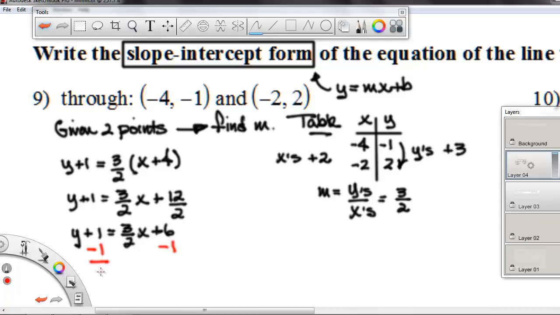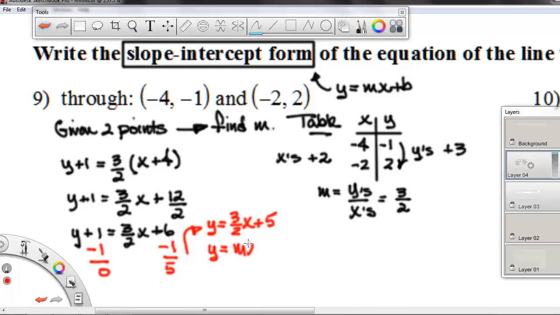Now to put it in slope-intercept form, I have to get the y by itself on the left-hand side. That means I will subtract 1 from each side, and I end up getting y equals 3/2 x, and then 6 minus 1 will give me a 5.